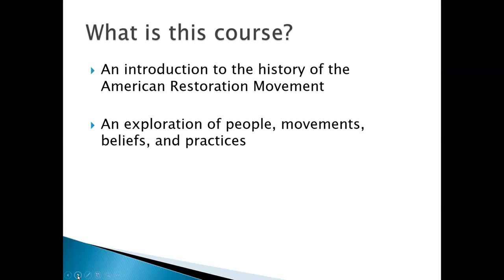But we'll be looking at important leaders, important people that made significant contributions in the history of the American Restoration Movement. We'll be looking at developments and changes and movements within that movement, as well as the beliefs and practices that have been engaged in by people in the Restoration Movement.